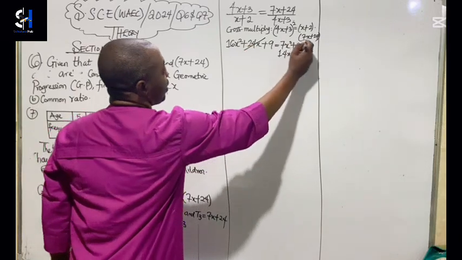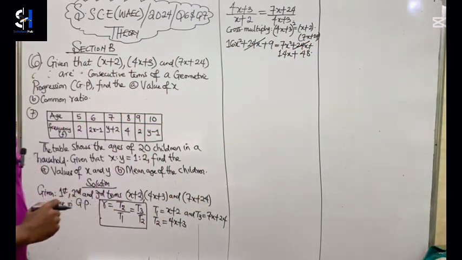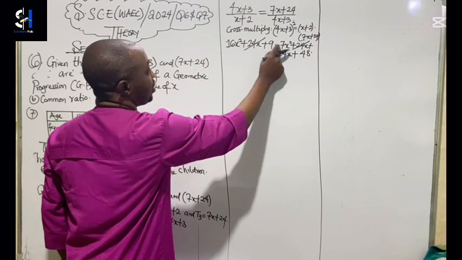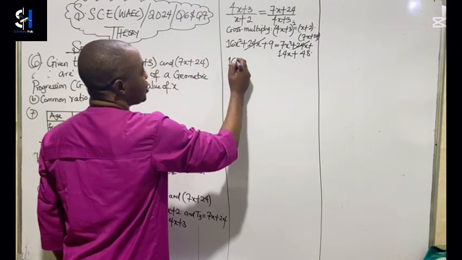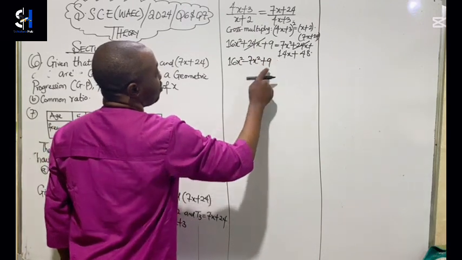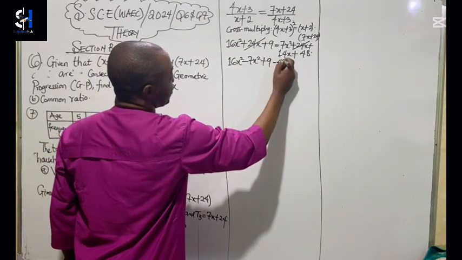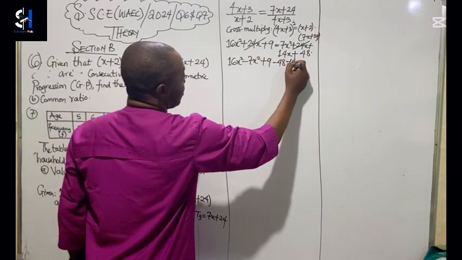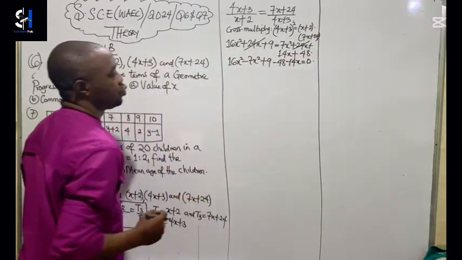Let's combine like terms. The 24x will cancel out from both sides. I'm going to move 7x squared to the left-hand side, so we have 16x squared minus 7x squared plus 9 minus 48. Then I will move the 14x to the left-hand side, minus 14x, equals 0.